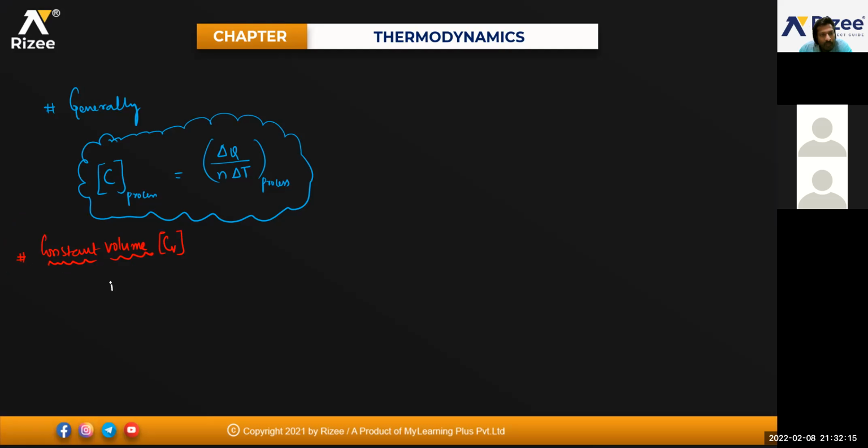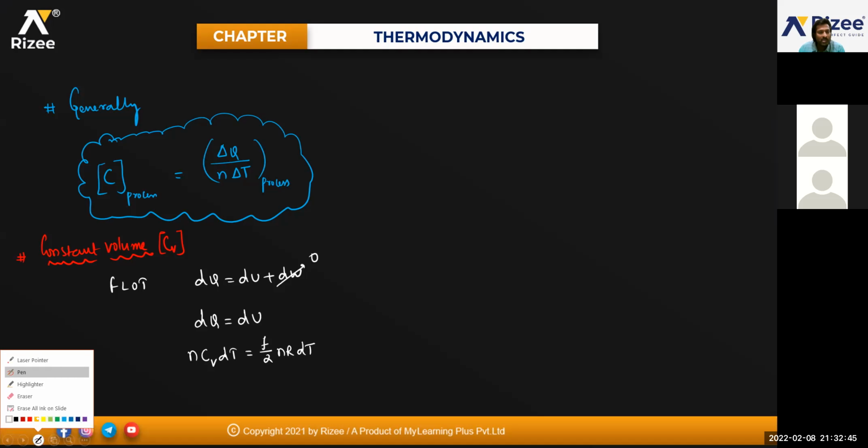Okay, so from the first law of thermodynamics, dQ will be equal to dU plus dW. As it is constant volume, work done becomes 0. So dQ will be equal to dU. So dQ will be equal to N into CV into dT, which will be equal to f by 2 into N into R into dT.